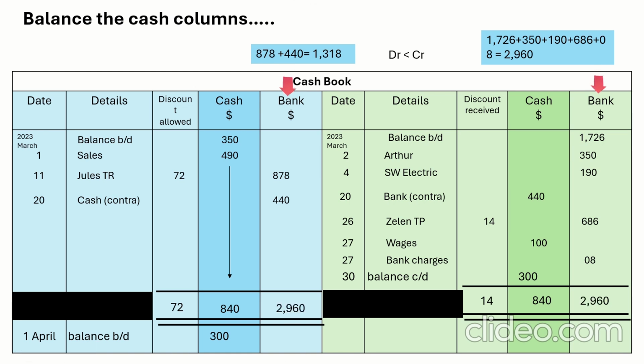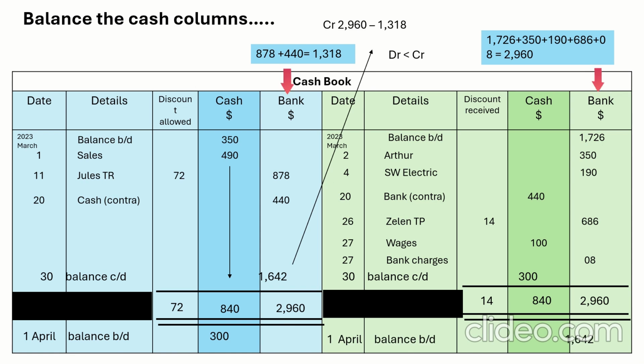Take the credit side total 2960 and find the difference between 2960 and 1318, which should give a balance carried down figure on 30th as 1642. So 2960 minus 1318. Now bring down the balance to 1st April onto the credit side, as balance brought down 1,642.